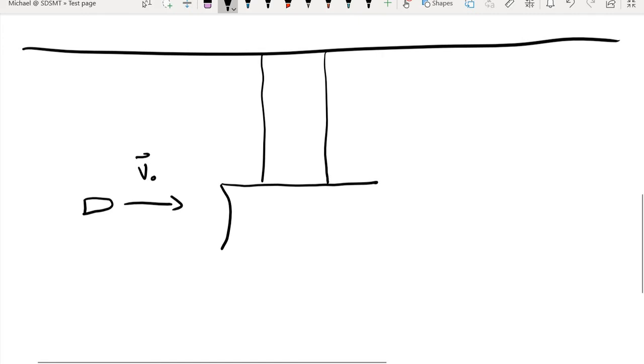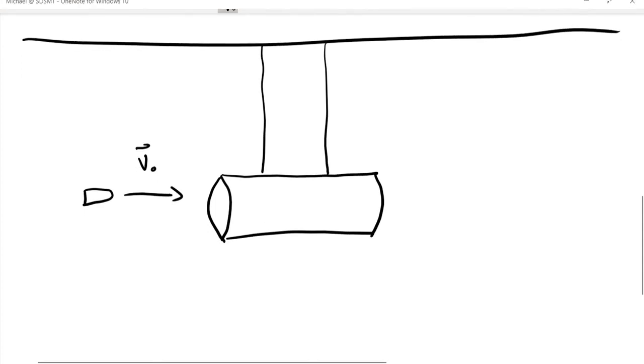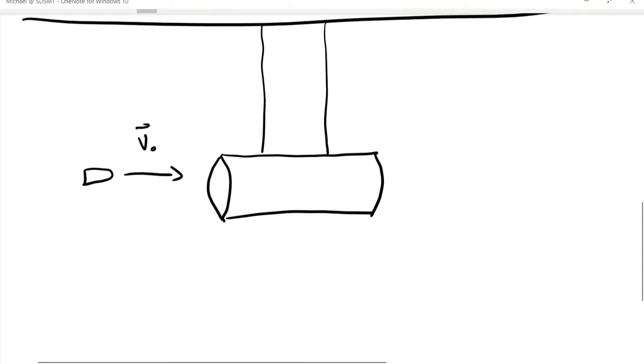So we will go out into the woods somewhere. We'll cut down a tree and get a log segment, and we'll hang that log segment from the ceiling.